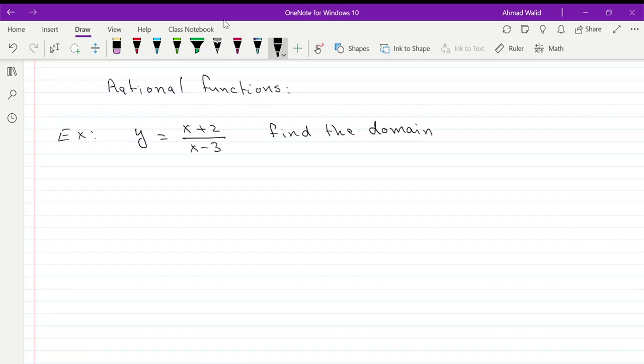To find the domain of rational functions, always set your denominator, which is x minus 3, equal to 0. Even in some classes, I tell my students, do this.